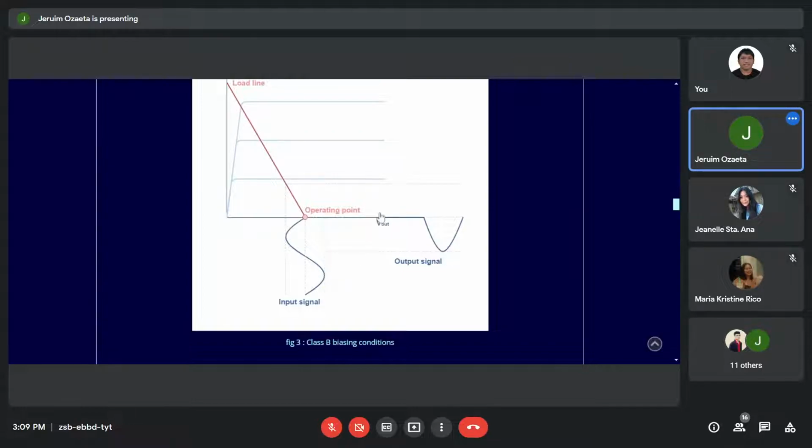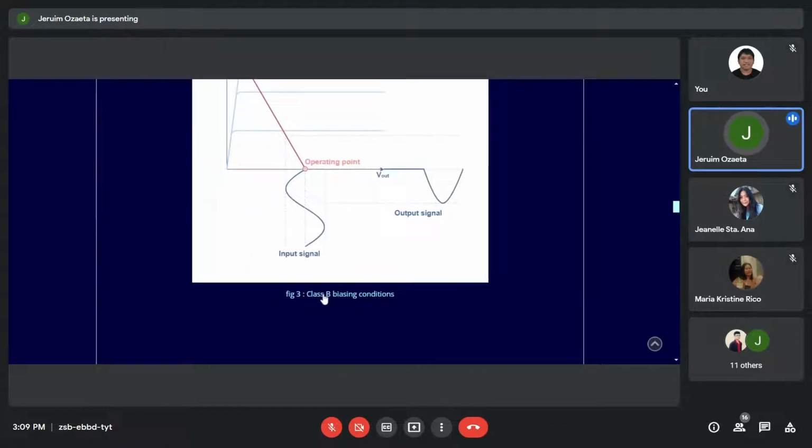Actually here, because of the class B circuit, the base is reverse biased, so there is no input. There is no output here because it's the reverse direction. But when it starts to go in the positive direction, it starts to be in the negative direction. It's the opposite.